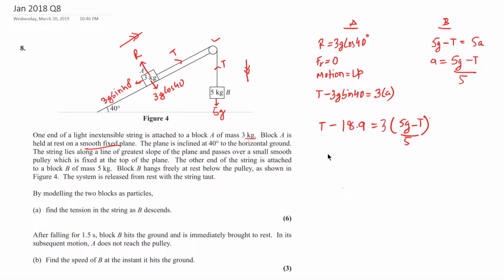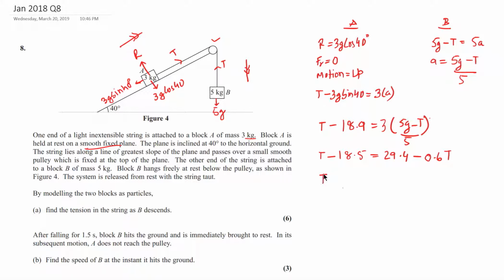So the value of T will be T minus 18.9 equals 3 by 5 into 5 into 9.8, so it will be 29.4 minus 3 by 5 T, that will be 0.6T.